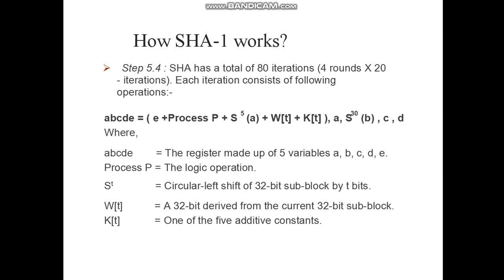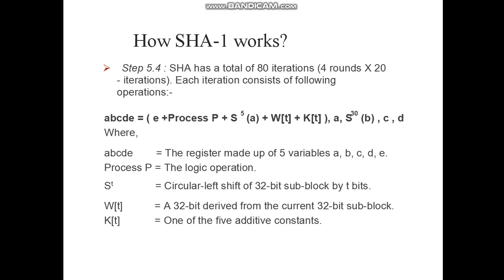The operation consists of mathematical operations. ABCDE is equal to E plus process P plus S power 5 plus W of T plus K of T. The equation is shown in your PowerPoint slide. ABCDE is a register made up of 5 variables A, B, C, D and E. Process P is a logical operation, shown in the forthcoming slides.